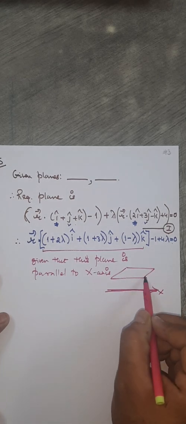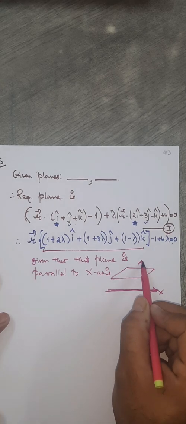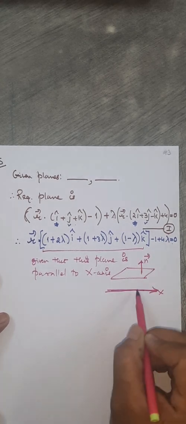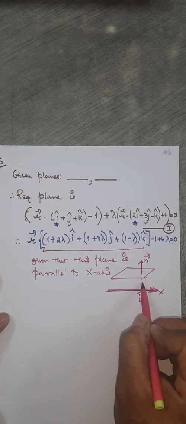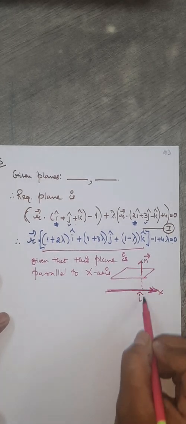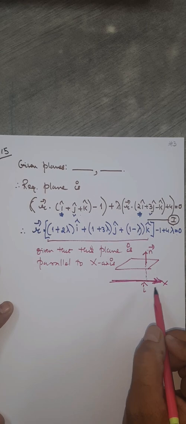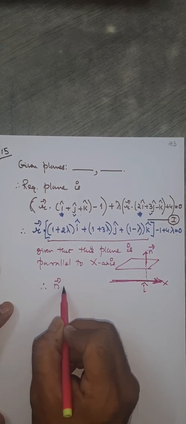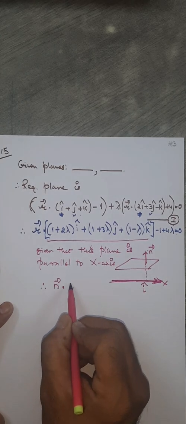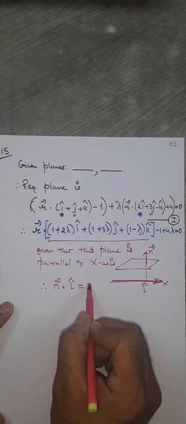This is the required plane. So this is the direction of the normal n cap. This is the direction of the x-axis, which is i cap. So clearly you can see that this normal and the direction of the x-axis are perpendicular. Therefore, the normal to the plane is perpendicular to i cap. Therefore, the dot product equals 0.